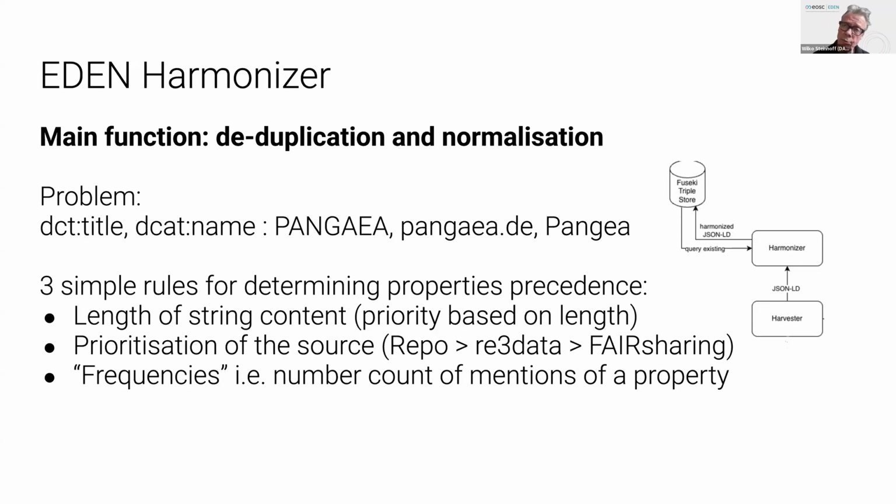Another rule is the frequency count, the number of mentions of a property. For instance, if Pangea.de is mentioned 4 times and the others only 1 time, then that one takes precedence.